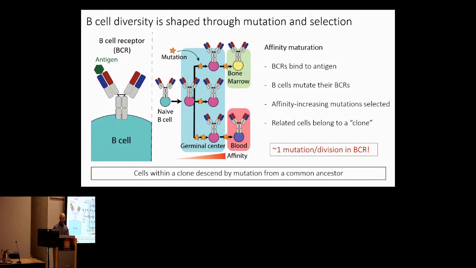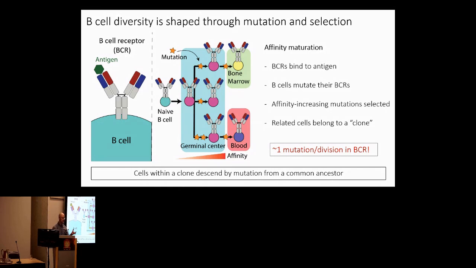When a B cell is activated by binding to its cognate antigen, it enters into a germinal center reaction. In that reaction, the B cell enters into a lymph node where it rapidly proliferates and upregulates enzymes that damage its DNA at the antibody encoding genes.